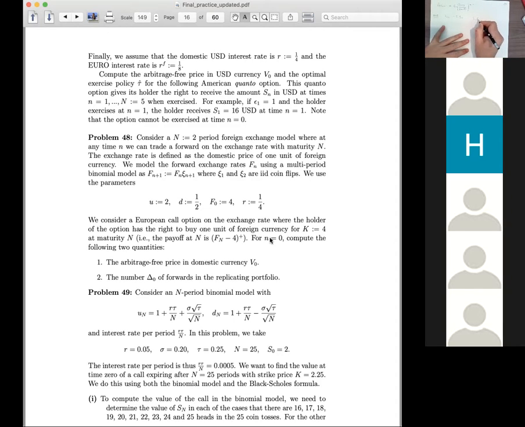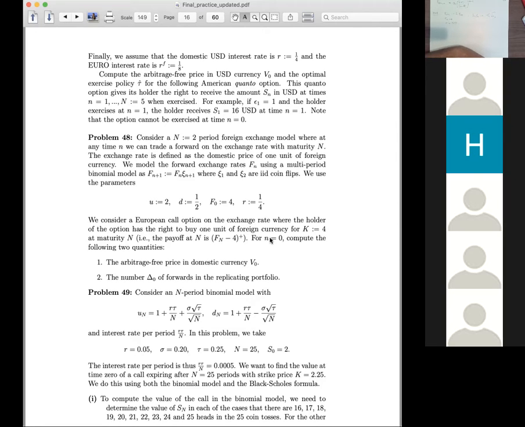Psi 1 and psi 2 are IID. They can take values, u being 2, d being a half. The initial forward rate was given to be 4, and the domestic bank account interest rate was 25%. All right, so now it becomes more complicated. So that's the setup. We have these forward exchange rates. Those are our basic building blocks.